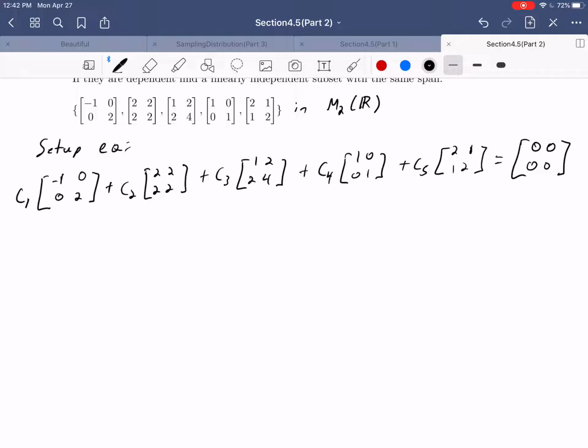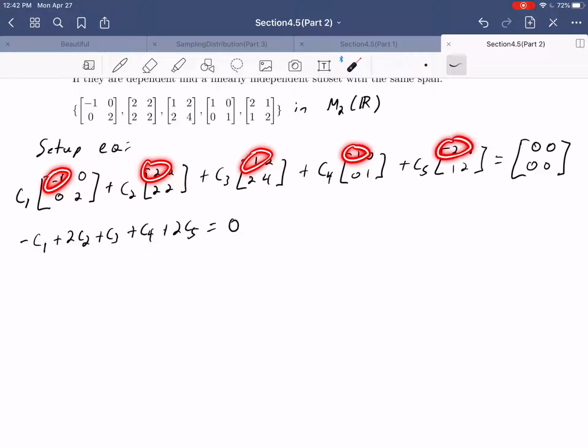So this would break down as -c1 + 2c2 + c3 + c4 + 2c5 = 0. That would be the 1,1 element equation.